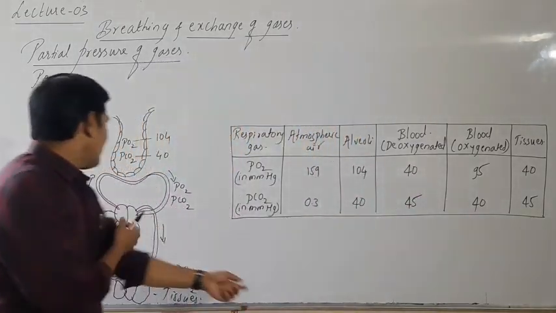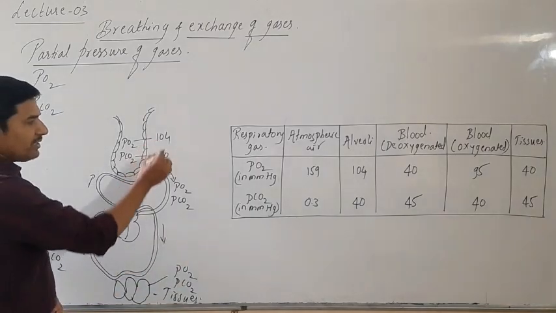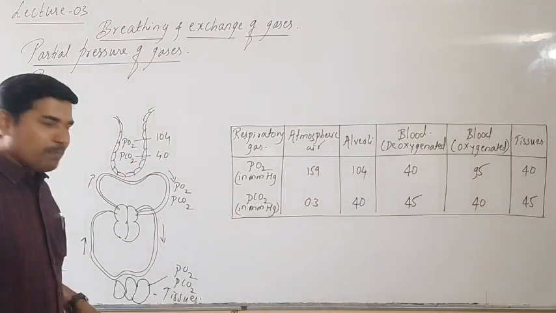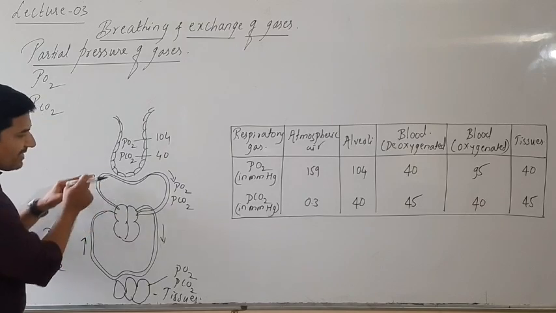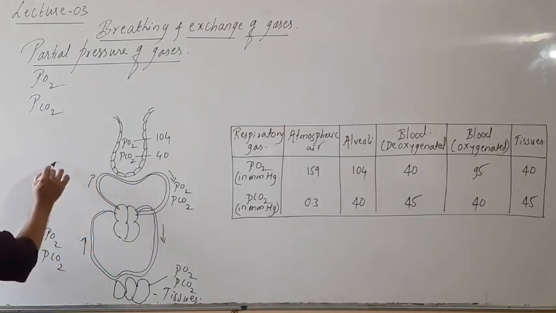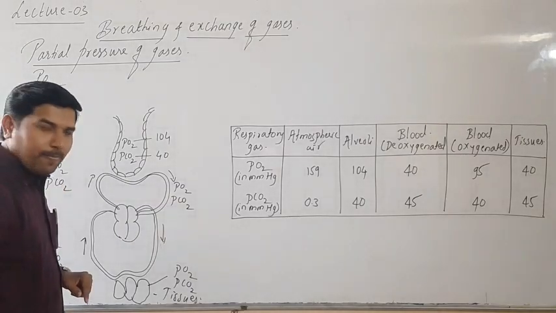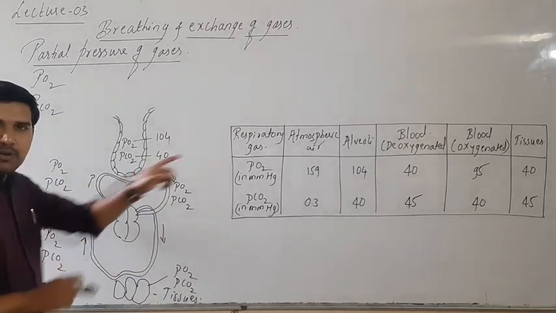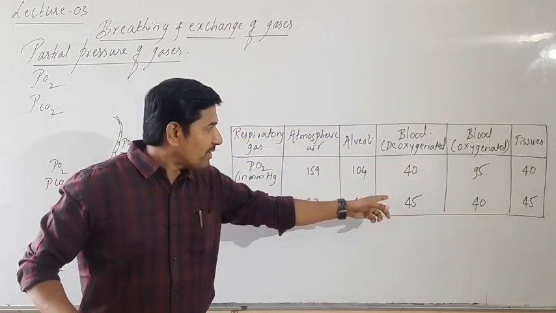Now, what happens here? This is 104 and 40 mm. Now this is the deoxygenated blood. What is given in the chart?